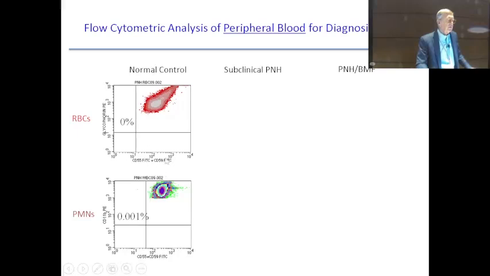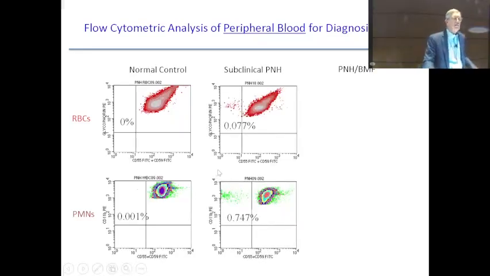And on this axis, these are the two GPI-anchored complement regulatory proteins, CD55 and CD59. Here we're looking at red cells, here we're looking at neutrophils. In a normal individual, all of the red cells express the GPI-anchored proteins, and the same is true for neutrophils.